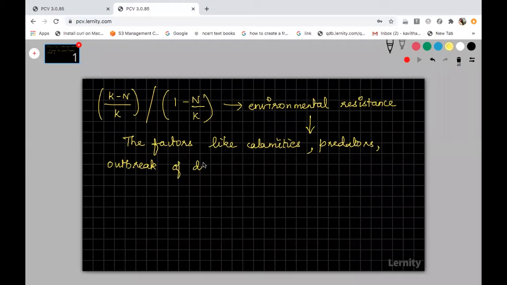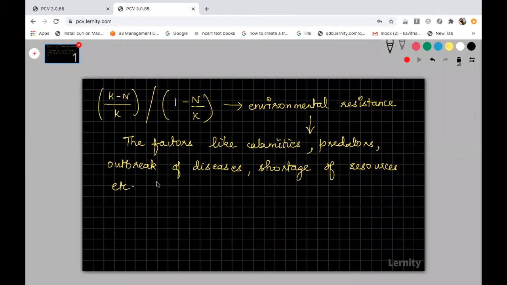All these will happen to decrease the population. And if there are limited resources, because of competition between the organisms, there will be shortage of resources, etc. Or you can see so many factors like this.